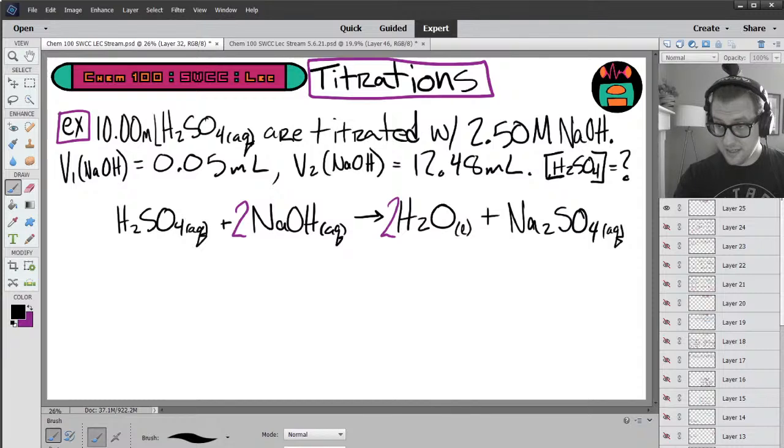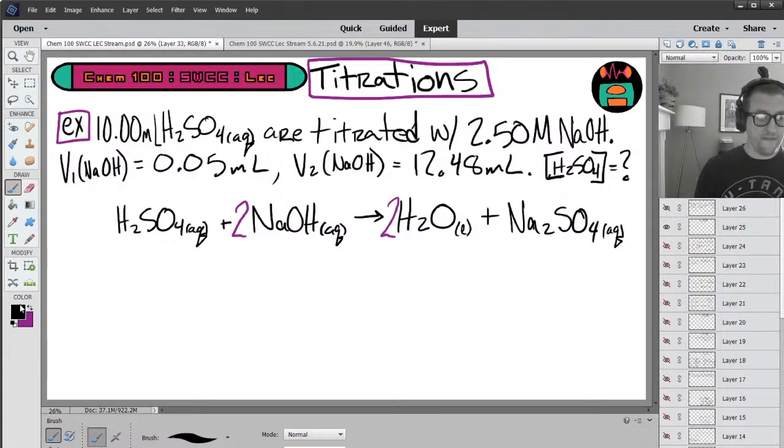And with this, I can find my moles of sulfuric acid. First, I need to know my volume of sodium hydroxide. It's going to be final minus initial.